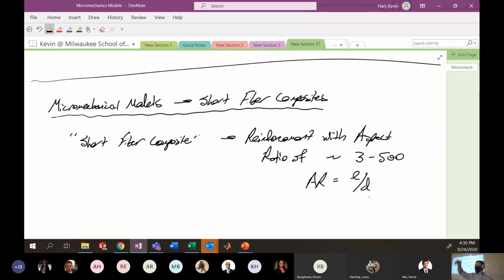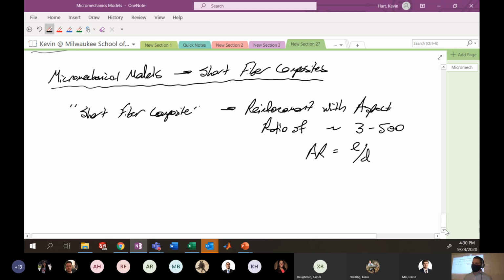Your continuous fiber composites, usually, your reinforcement is meters or longer in length, and your diameter is micrometers. So obviously that's an aspect ratio of closer to 1,000,000, etc. That's what we would consider a continuous fiber composite, 500 or more. Now, our short fiber composites, depending on how they're manufactured, can have some alignment of the fibers or not. And the models we have depend on whether the fibers are aligned in the piece or not, for pretty obvious reasons.